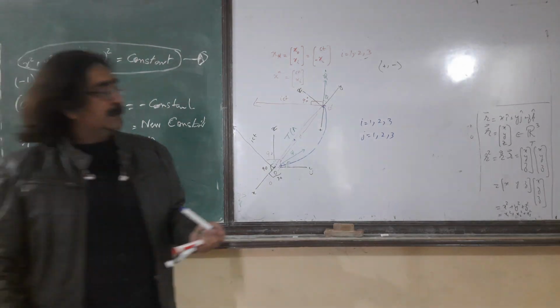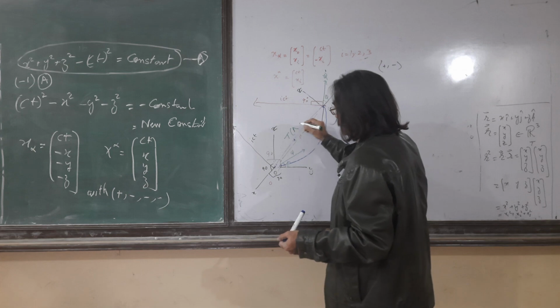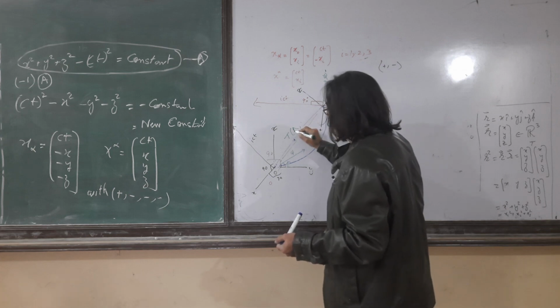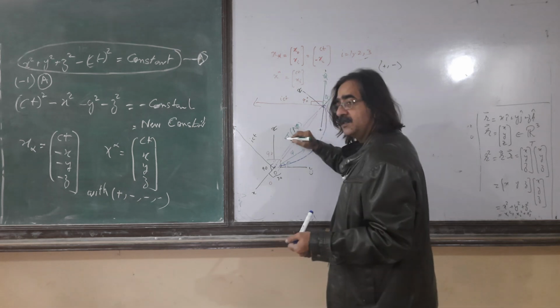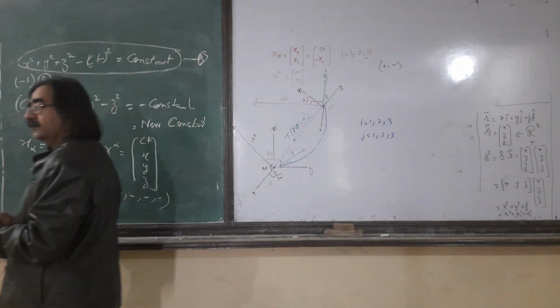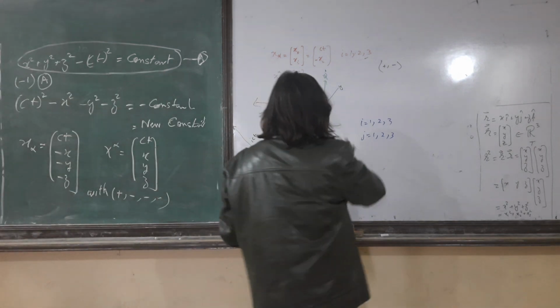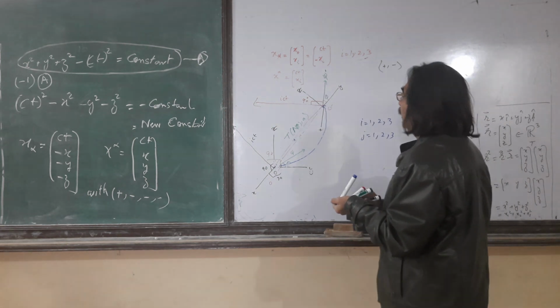And this has one part that is the rotation, depending upon the angle theta, and the other is A. And the length will remain the same, this phi.